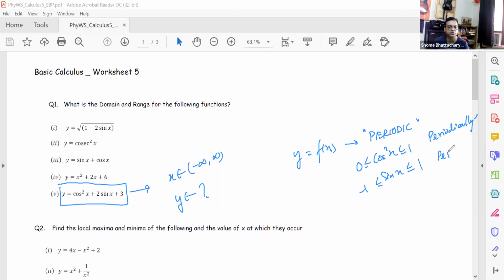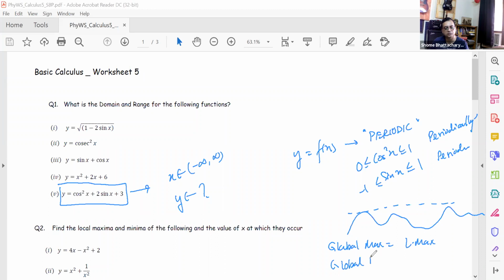So anytime we have a periodic graph, it's going to be a graph of this nature. It keeps repeating itself. So the global maxima will be a local maxima, and the global minima will be a local minima. So that is one way of dealing with this function.